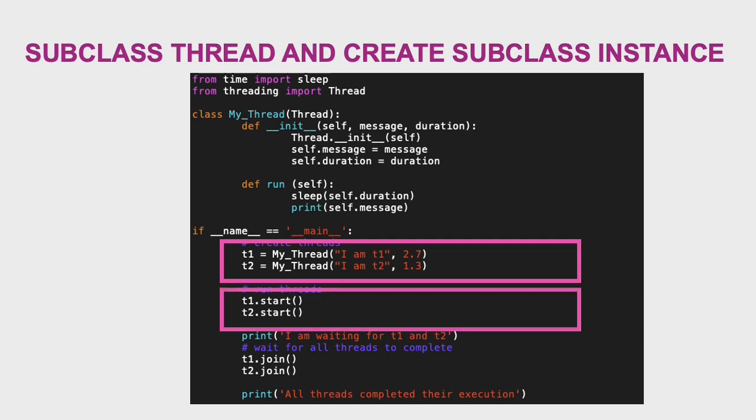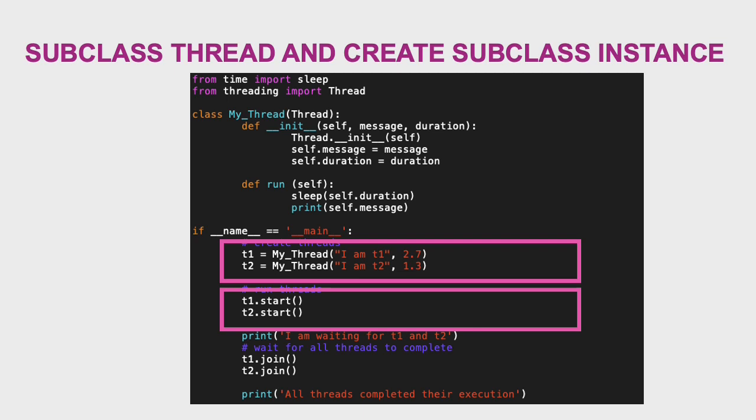How can we start the thread? As usual, we have to invoke the start method of thread. That's it. It will be the start method which is in charge of invoking the run method and to actually start up the thread.